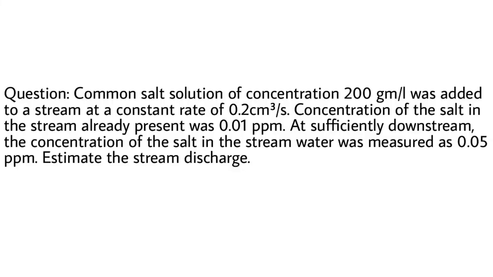So the next question is on the dilution technique, the dilution method. It is saying that common salt solution of concentration 200 gram per liter was added to a stream at a constant rate of 0.2 centimeter cube per second. The concentration of the salt already present in the stream was 0.01 ppm.